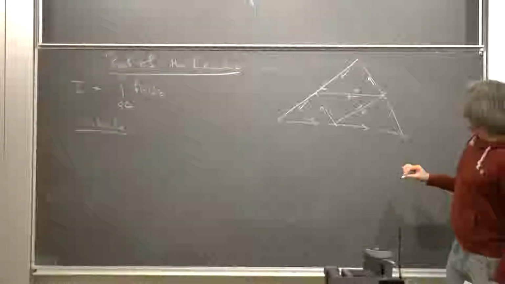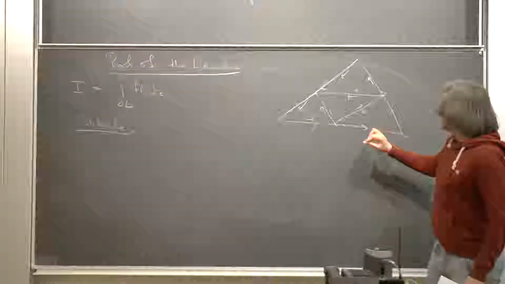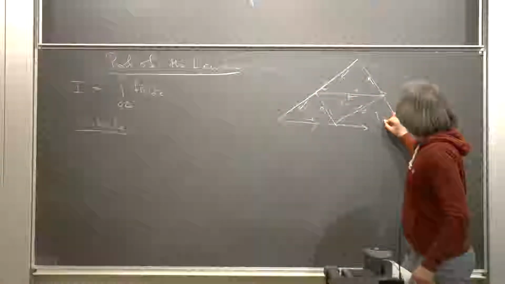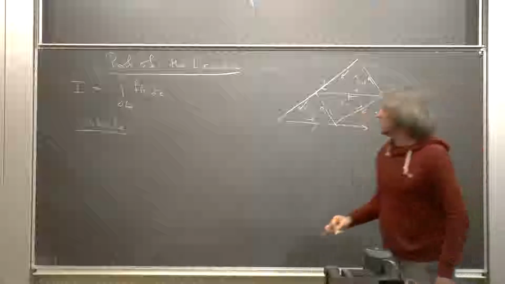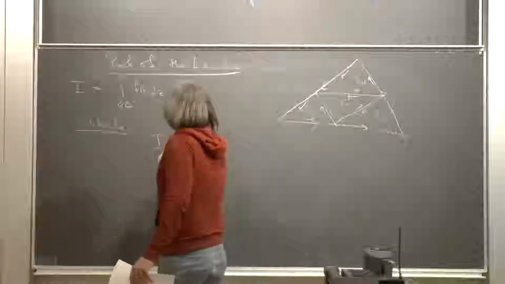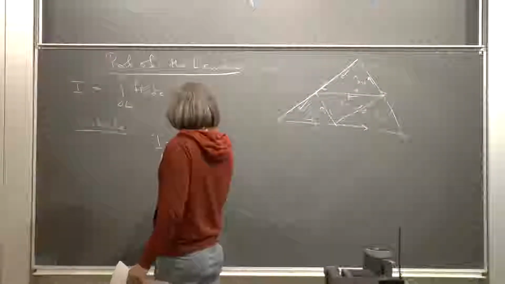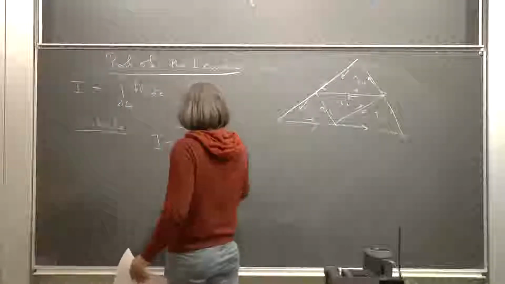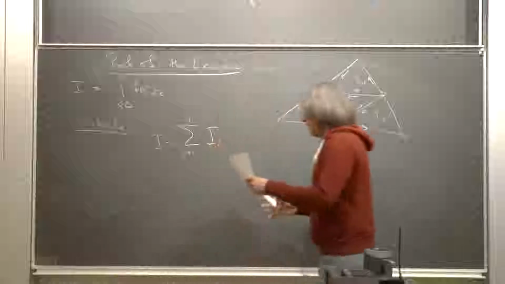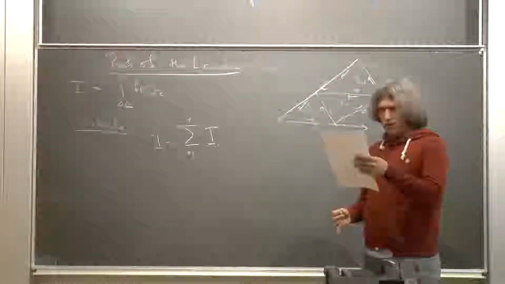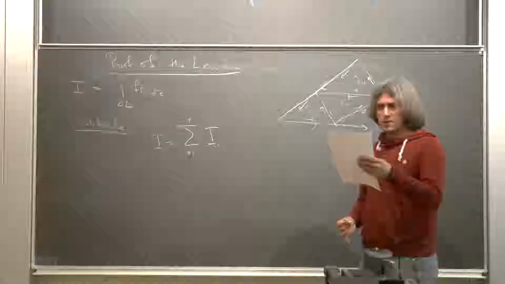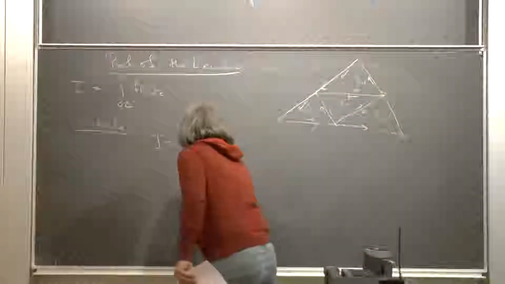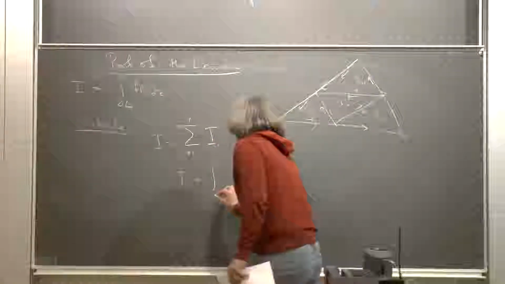So the whole integral I will be the sum of I1, I2, I3, and I4.